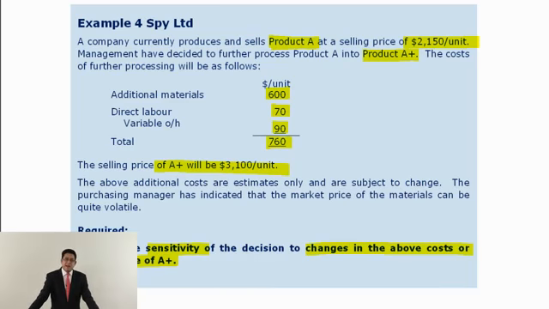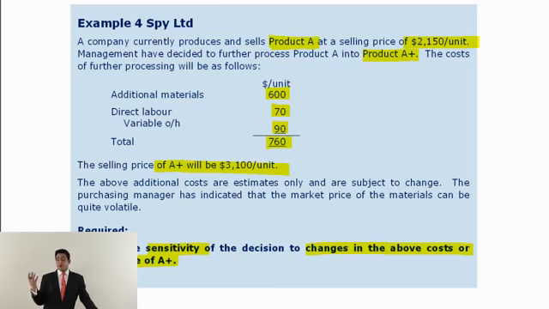The above additional costs are estimates only and are subject to change. I mean, suppliers can change the price, workers may start demanding more money, more labor rate, and variable overheads like electricity and power. Companies keep on changing the tariffs, etc. The purchasing manager has indicated that the market price of the materials can be quite volatile, which can be fluctuating, and sometimes these fluctuations may not be in our interest.